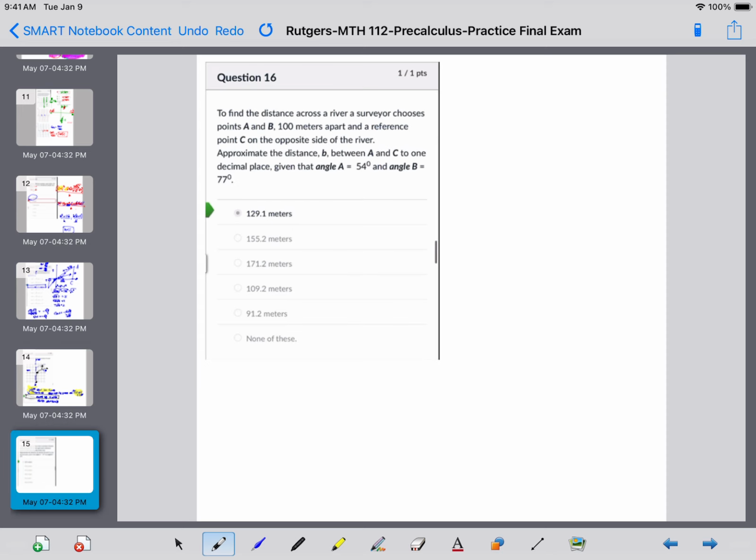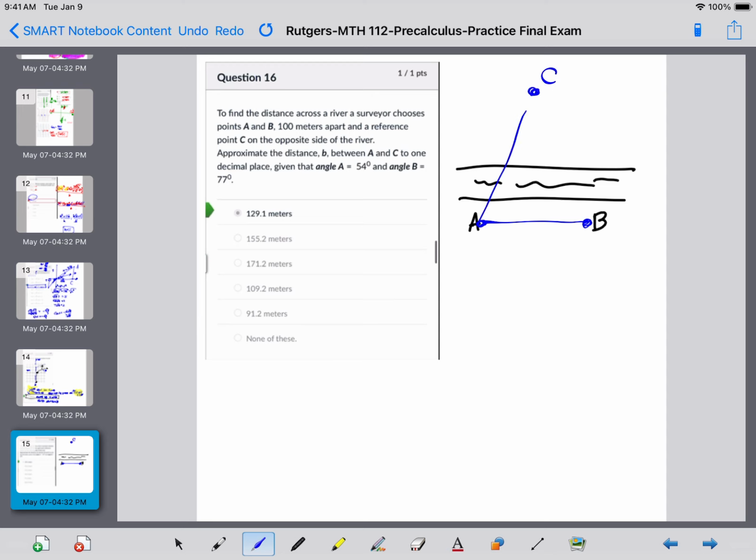Question 16. To find the distance across a river, a surveyor chooses point A and B 100 meters apart. All right. And a reference point C across the river. So we have C here, we have lowercase a here, we have lowercase b here, the opposite of the angles.